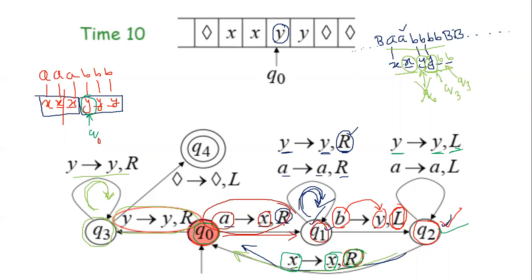Now, let me erase this clumsy part. If you are in Q0 and you encountered a Y, it's time to verify whether all the B's have been converted to Y or not.